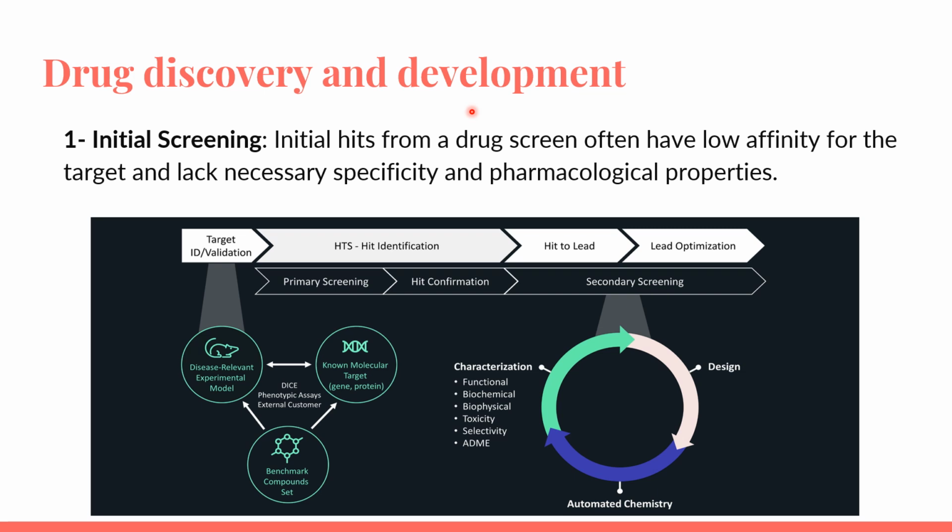In the initial screening, we get a huge amount of potential drugs, but in most cases, these drugs are not valuable, do not have the exact pharmacological effect that we need, but they are something that we base our further research on.